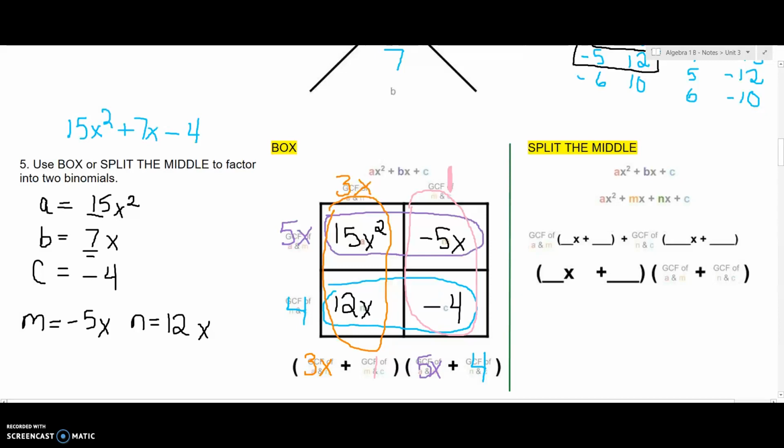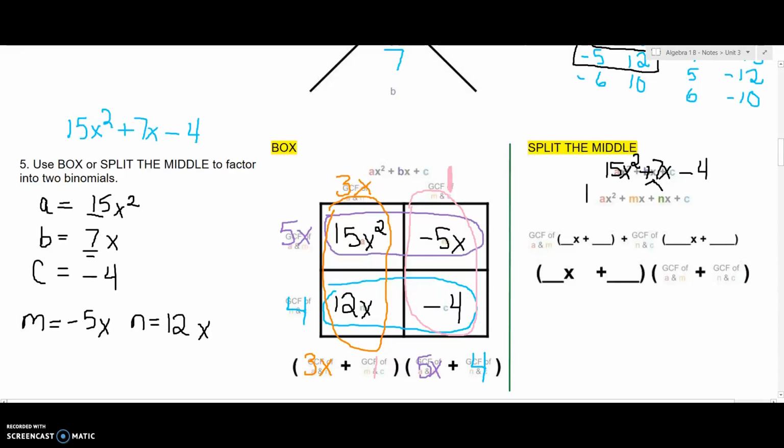So the second method we can use is called split the middle. And in split the middle, we start with our trinomial. So my trinomial is 15x squared plus 7x minus 4. My goal is going to be to use my M and my N terms to actually split this middle term.